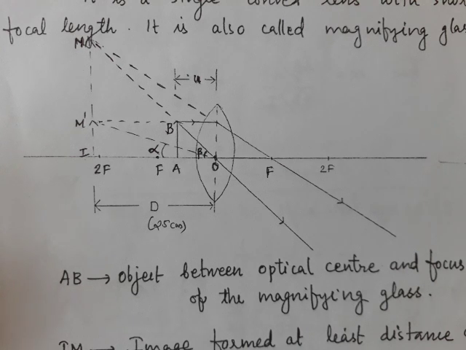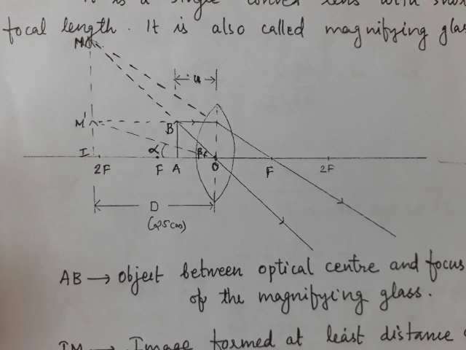So when the image formed is virtual and we cannot measure its height manually, we think about a particular magnification which is known as angular magnification. If you want to find how many times this image is bigger than the object, there is no other way. You cannot measure it using a scale.